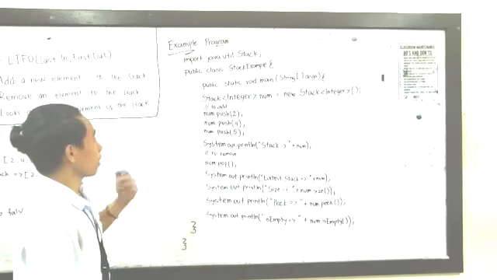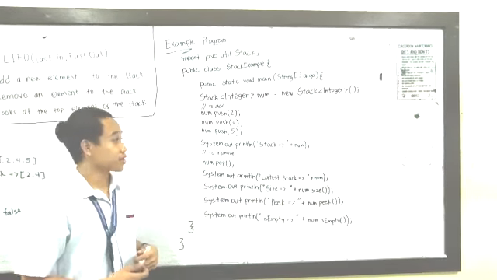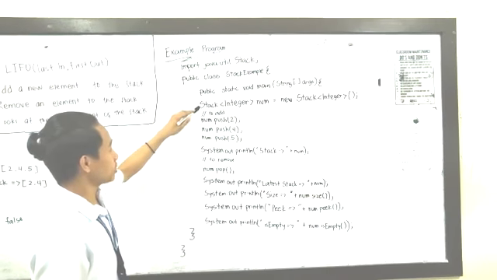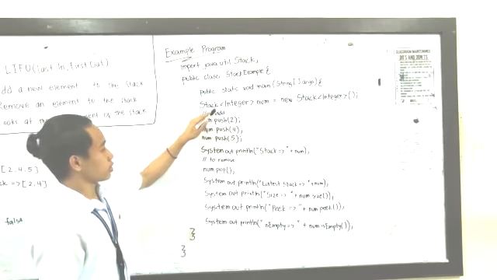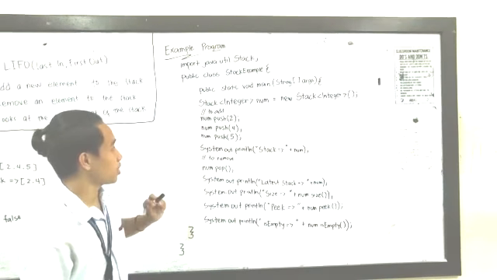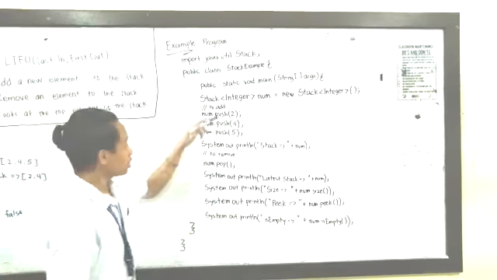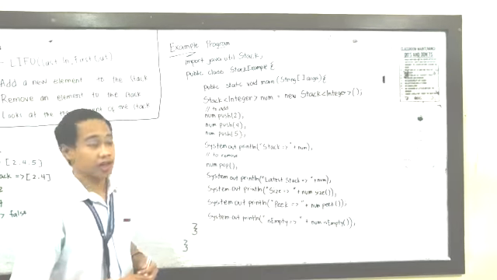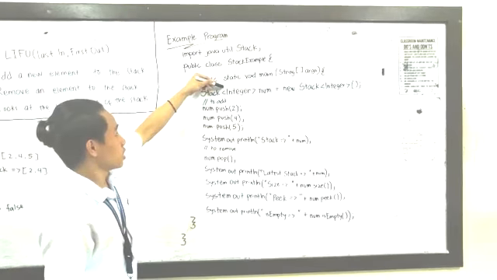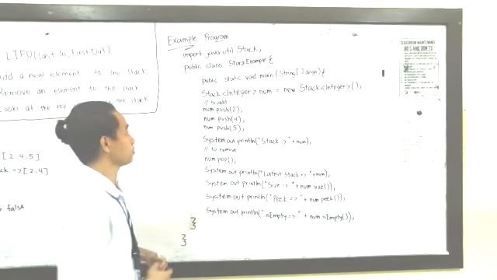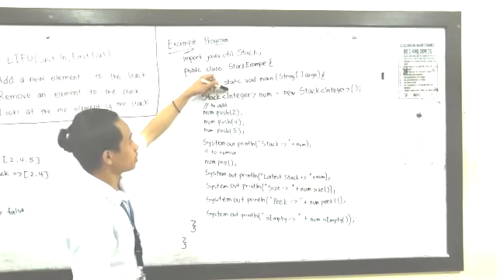Then after that, the syntax that I use is Stack, then the less than and greater than symbols, and inside of it is Integer. Integer always starts with an uppercase letter, and it accepts whole numbers.